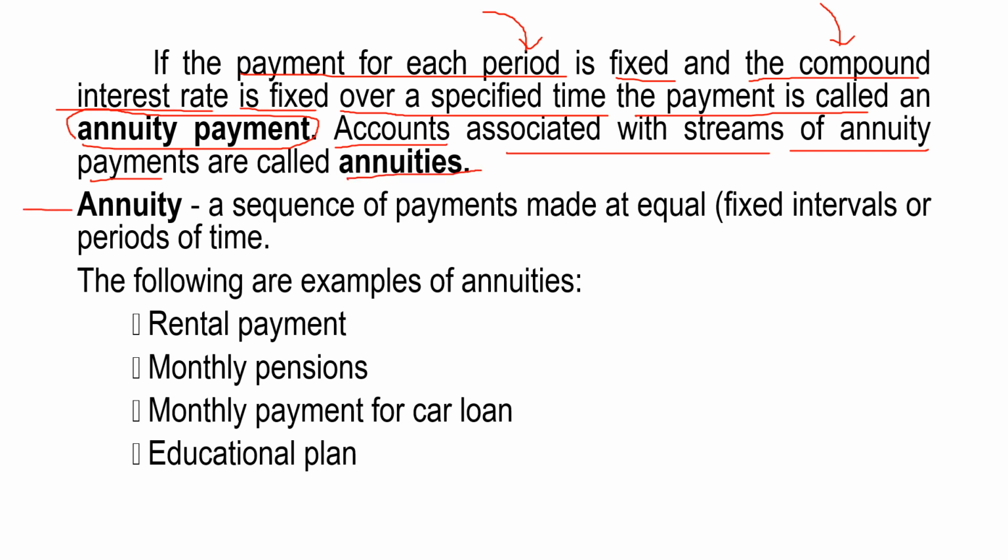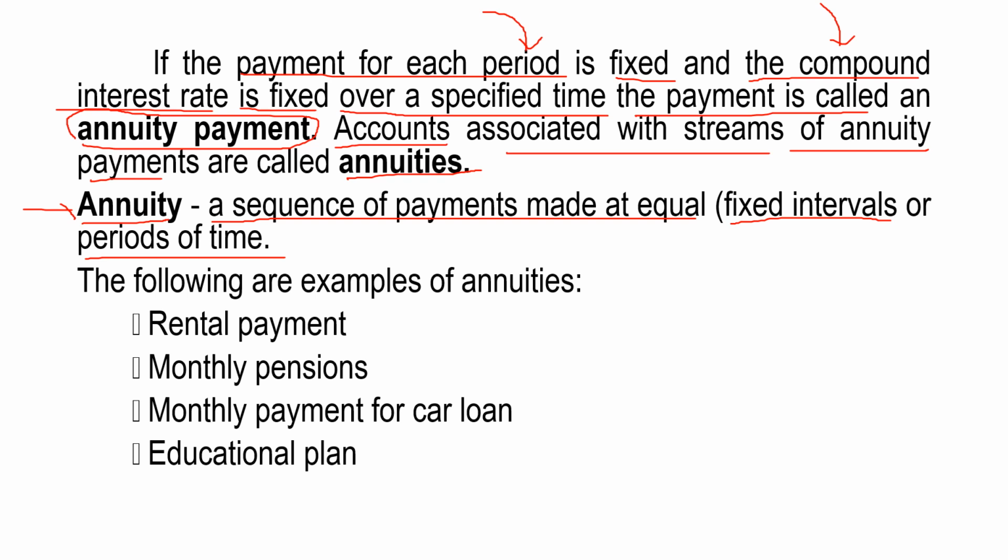Now, let's define what your annuity is. Your annuity is a sequence of payments made at equal, or fixed, intervals or periods of time. If there are fixed intervals or periods of time in your payments, this sequence of payments is called an annuity.